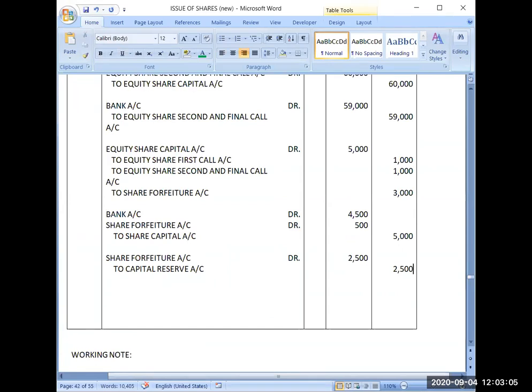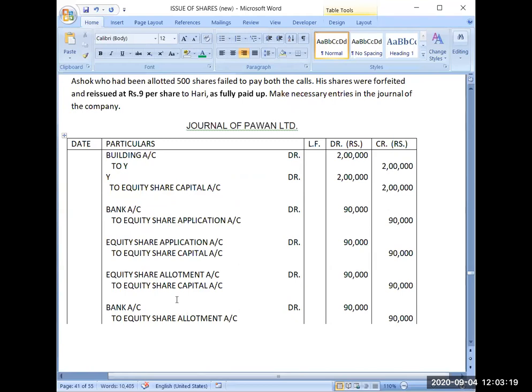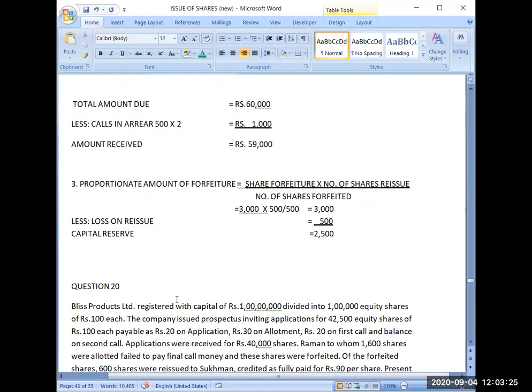Yes, please. Any query from your side? So this way you will get a full question in your exams to attempt. It will become very complex in the coming time. Calculations will become complex.